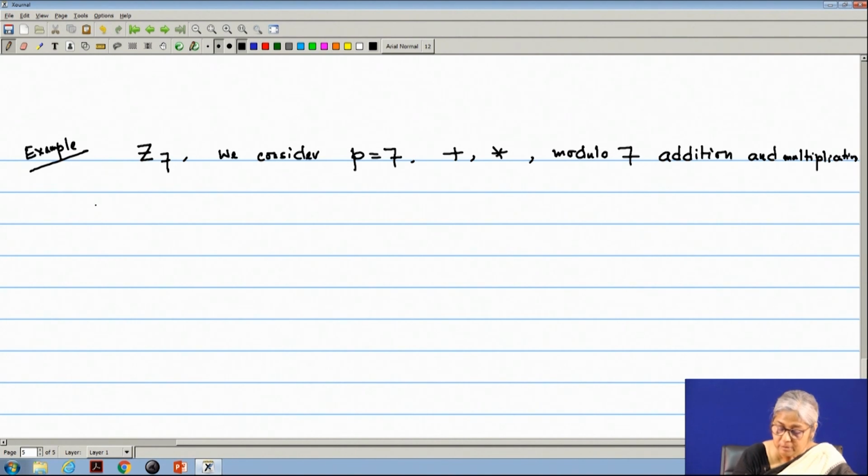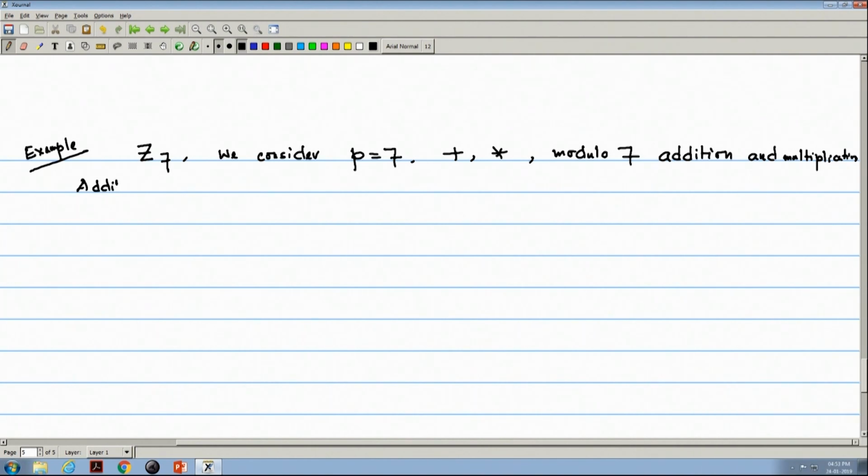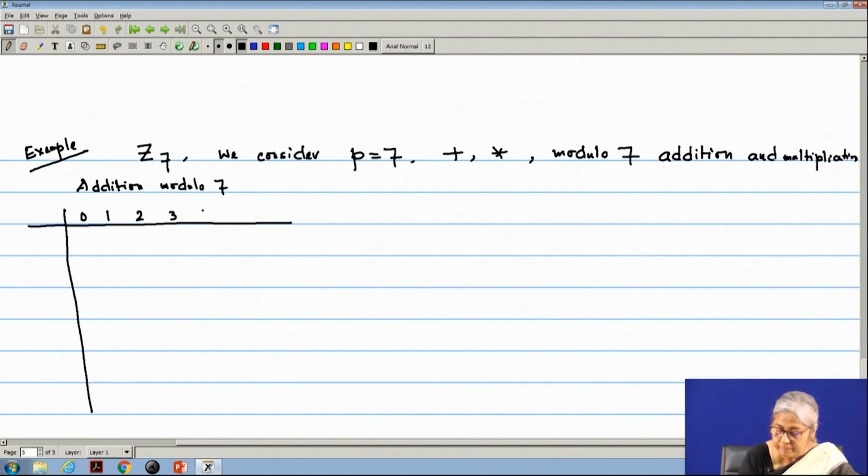Now, if we tabulate the addition modulo 7, we first see the addition modulo 7. It will be only 7 elements.